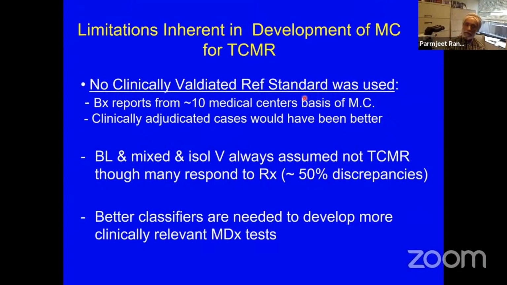The borderline cases, the mixed cases, the isolated V lesions were always assumed to be not rejection when the classifiers were developed, even though most clinicians know that a good proportion of these people respond to treatment. And that itself, in my opinion, accounts for 50% of the discrepancies. So I believe we need better classifiers to develop more accurate and relevant MMDX tests.